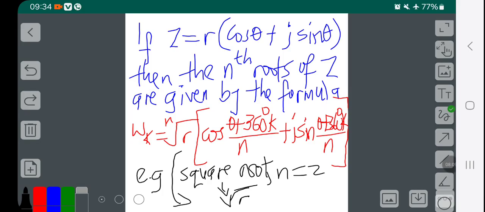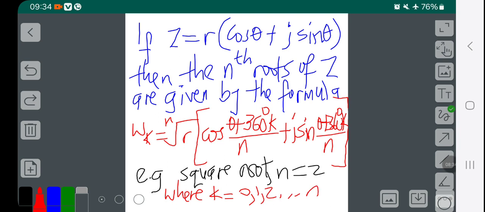Then what is the next thing? If they're asking for a square root, you must know what your k is. Here they're saying where k is equal to 0, 1, 2, dot, dot, dot, n minus 1, which means your k starts from 0, 1, 2.